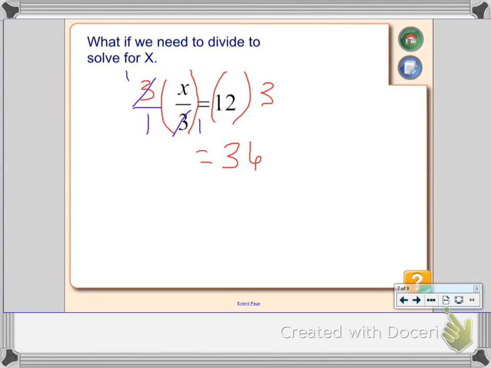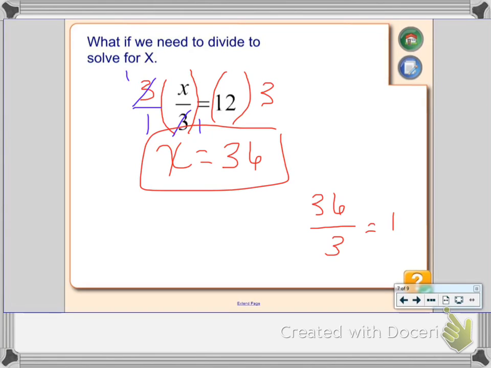So now I've got 1 over 1 times x over 1. All these 1's cancel each other out, and we're just left with x. So x is 36. And we know this is true if we substitute 36 back in for x. I have 36 over 3 is equal to 12. Is 36 divided by 3 equal to 12? It absolutely is. So we know that our work is correct.